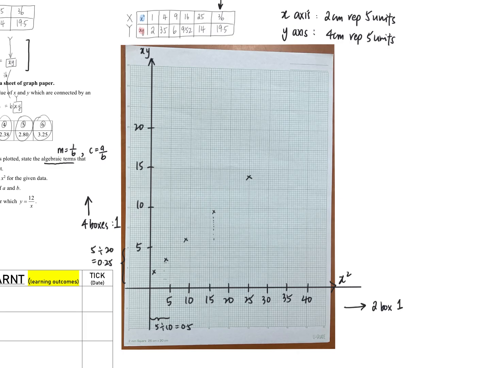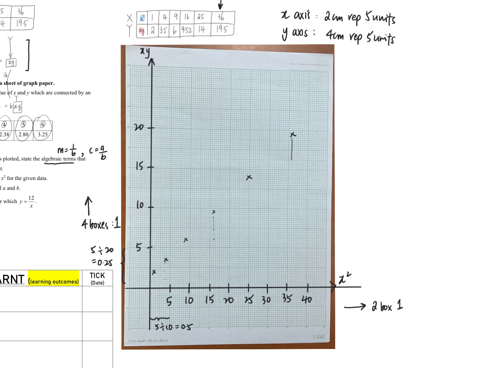How do you draw? I use the ruler, of course. 36 is here, this line. 19.5 is here. So draw your line of best fit.